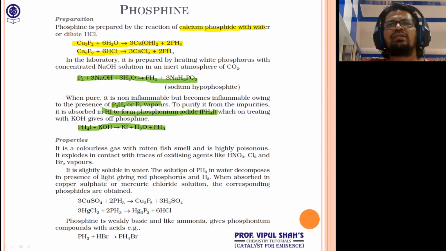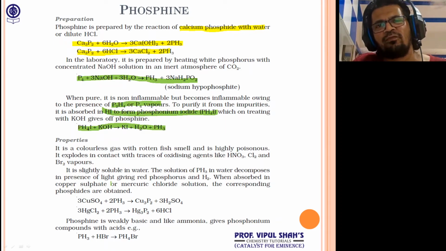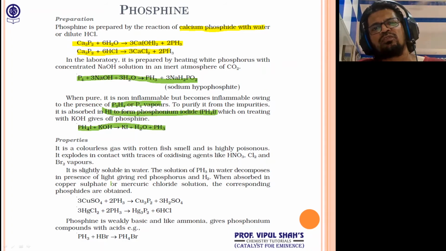Now phosphine has a rotten egg smell. It explodes on contact with oxidizing agents like nitric acid, chlorine or bromine. Then when absorbed with copper sulfate or mercuric chloride, it forms the corresponding phosphides. Meaning, phosphine forms its respective salts. I told you what's phosphide, phosphorus state is -3.